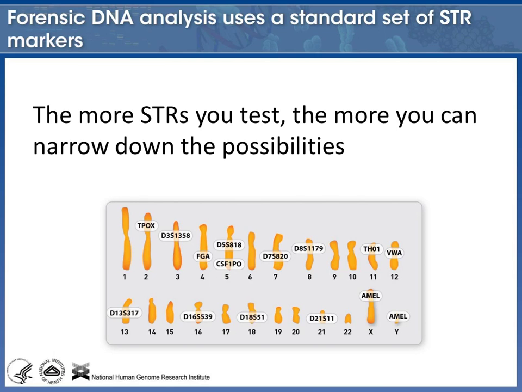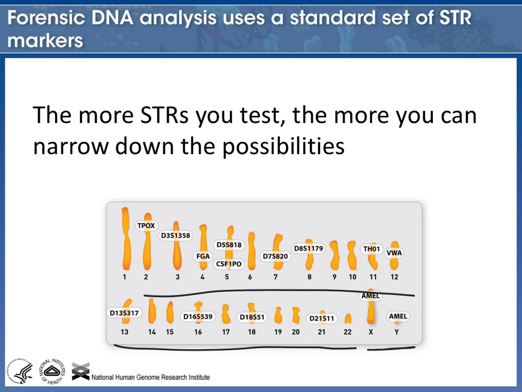Now, as you know, there are 22 homologous chromosomes. Homologous means the same. So, you get one from mom and one from dad. They have the same genes on them, but they might have different alleles. And then there are the 2 sex chromosomes, the X's.